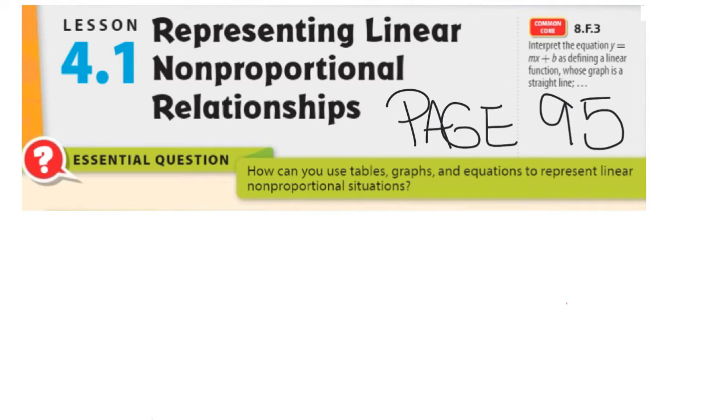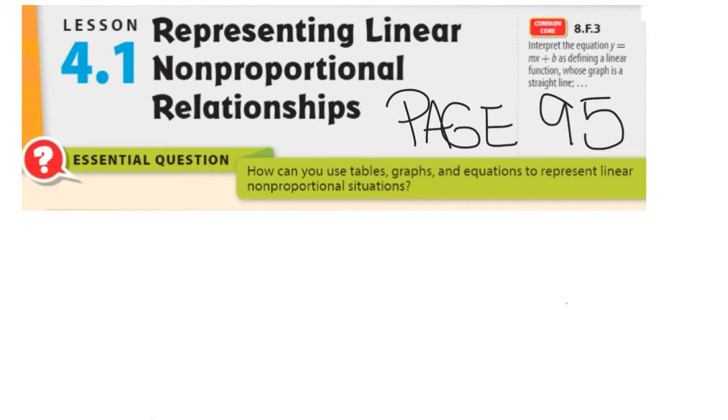Okay, we're going to take care of lesson 4.1, and this is on page 95 in your book. We're going to be using tables, graphs, and equations to represent non-proportional situations. Everything in module 3 was proportional. This one is non-proportional.